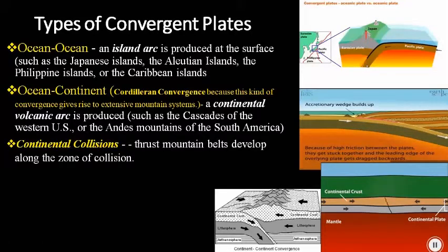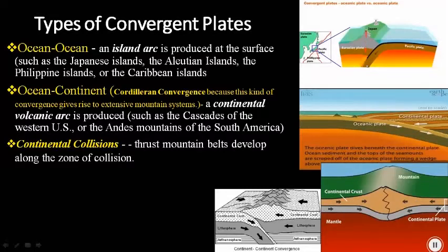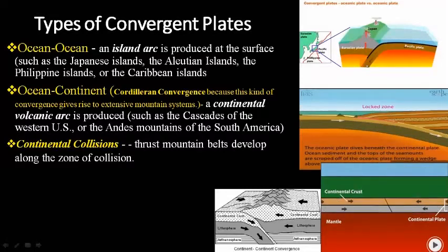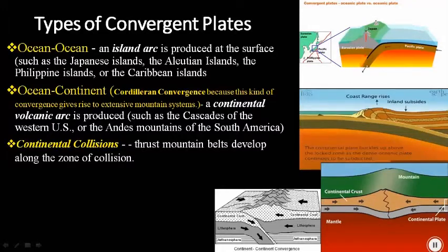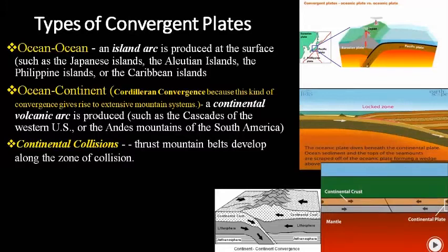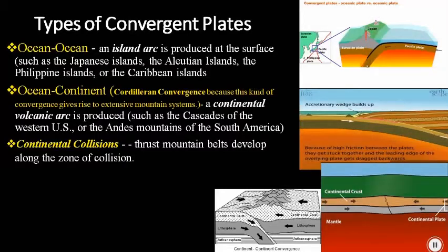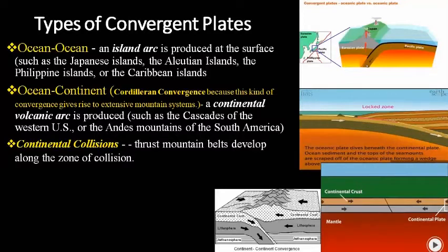This is quite different from these two. See this over here. This is continental crust, and this is another. Now, in most cases, when two continental plates are converging, as I have told you as a basic principle, continental crusts or continental plates are much less dense than oceanic ones.